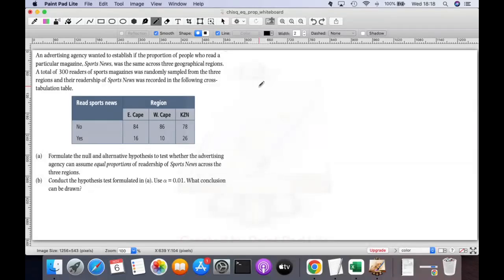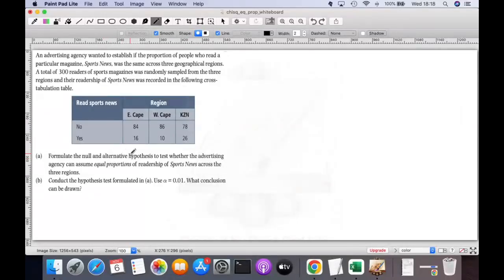The three regions show the readership numbers, telling you whether they read that specific sports news or not. So the row variable is no and yes. The 84 says 84 people in the Eastern Cape do not read, whereas 16 do. So you're testing the proportion of readership across the three provinces.